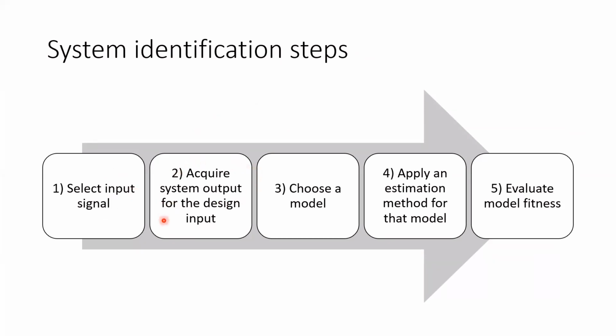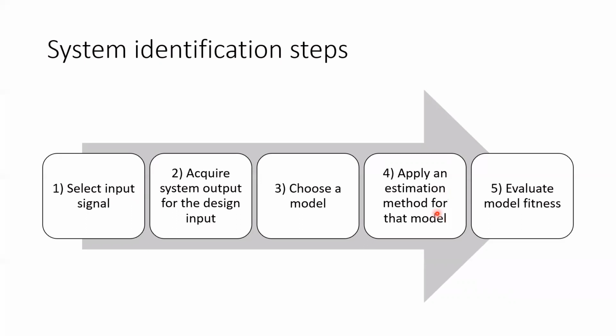The second step, we are going to acquire the output of the system for that specific input. That's the requirement in this case. Once we perform step 1 and step 2, the third step is to choose a model, either a transfer function, a state space, or a nonlinear model that represents the behavior of my system.